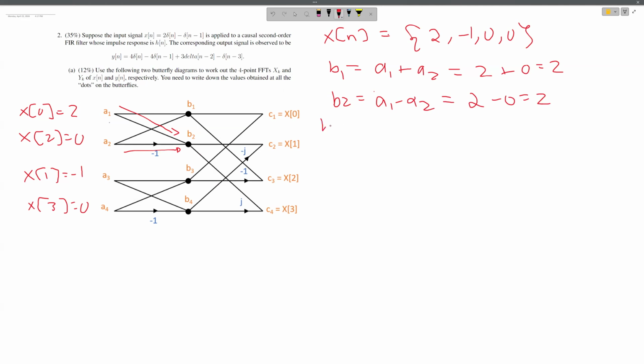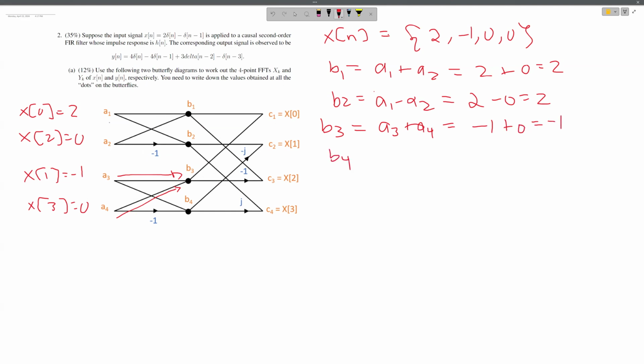Next, B3 gets contributions from A3 plus A4, which is -1 plus 0 equals -1.